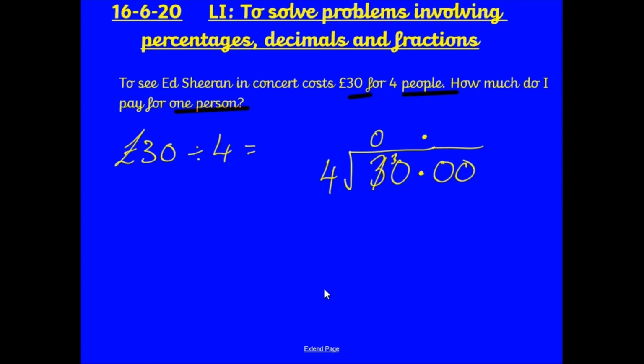So that's going to be 7, remainder of 2. And 5, no remainder, 7.5. So how much does it cost per person? It costs £7, and now this is important, and 50 pence. 0.5 is the same as 0.50, but remember, when you're working in money, you're going to definitely have to have 0.50, not just 0.5. So it costs £7 and 50 pence per person.